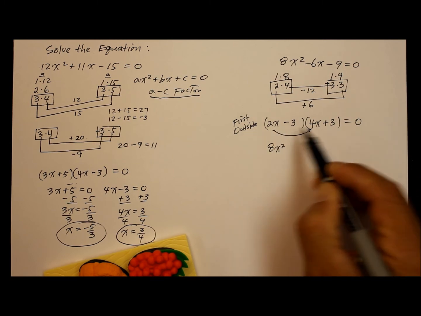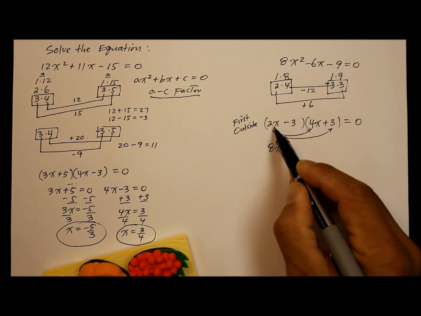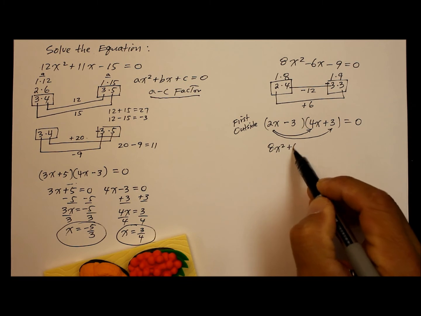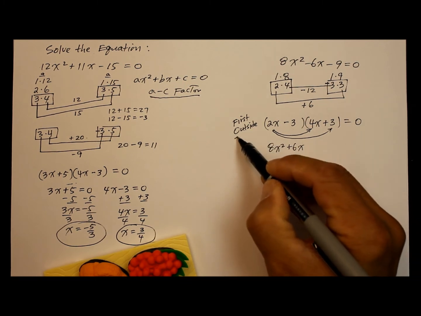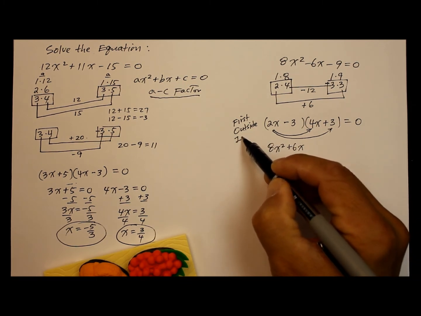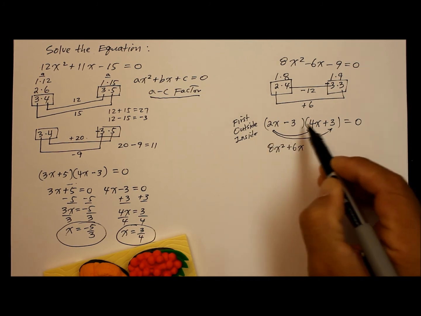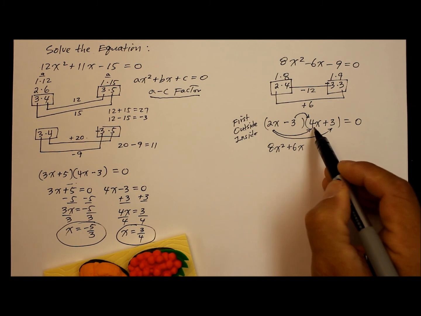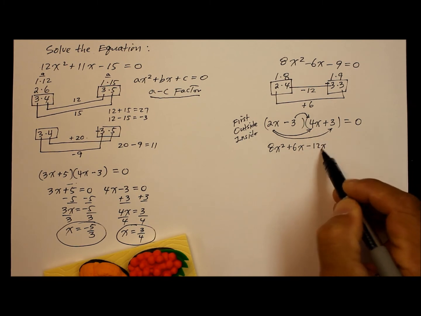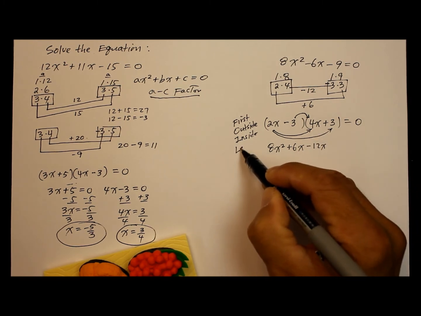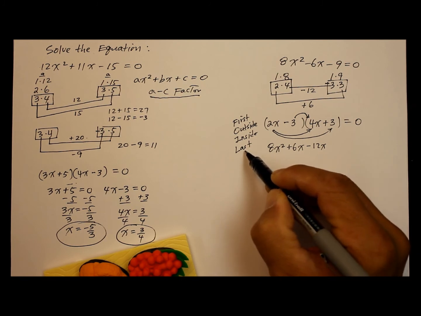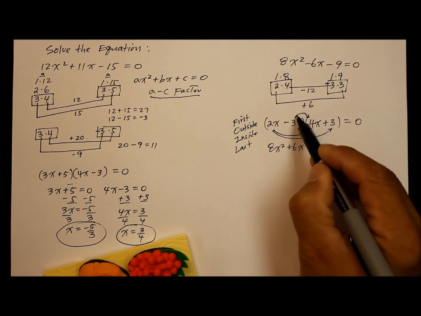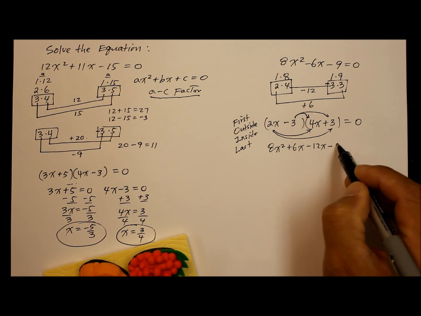So outside, 2x times 3 is 6x. I for inside. If you're on the bus, this will be your aisle seat, inside. So -3 times 4x is -12x. And then L represents the last of each two binomial terms. So -3 times +3, you get -9.